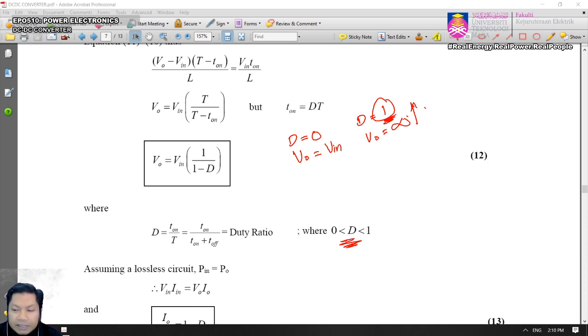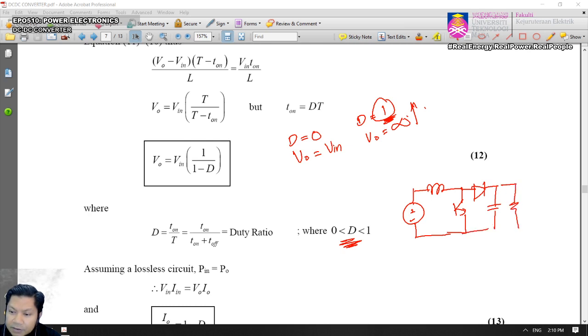Okay, right. Before we proceed, let me reiterate on the inductor current. If you refer back to the circuit, your inductor is connected to the DC supply voltage. This is your switch, diode, this is your capacitor, and that is your resistor.